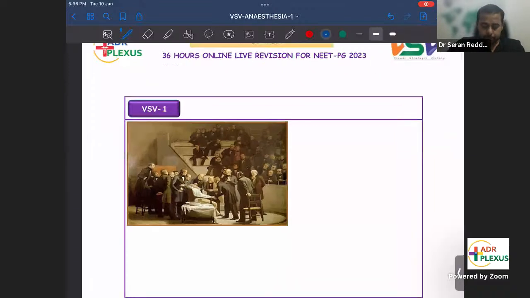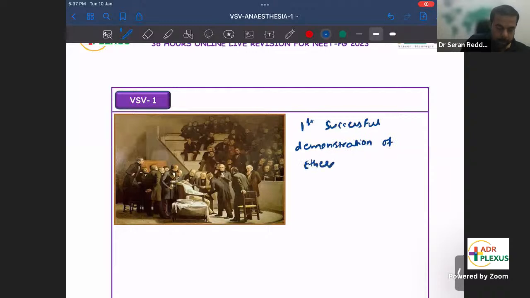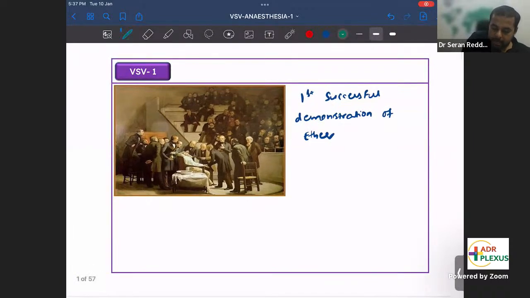Okay, let's start. This is the first image, and this is the first successful demonstration of ether, done by WTG Morton on 16th October of 1846.